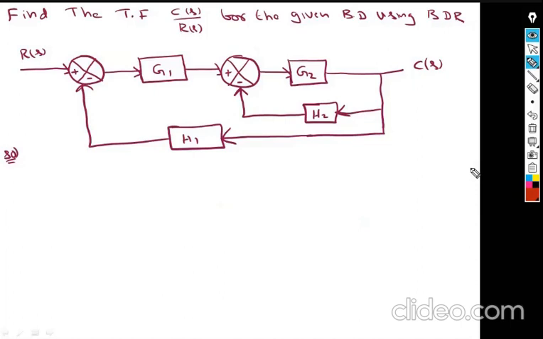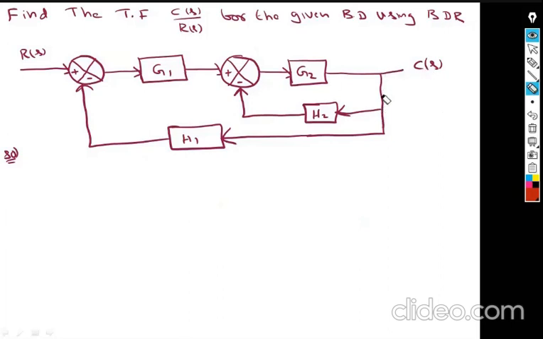Yeah, let me solve this problem. If you observe G2 and G3, and further I can say to all of you, just for the sake of it, let me take the eraser. I can rewrite this diagram. What is the signal coming here?